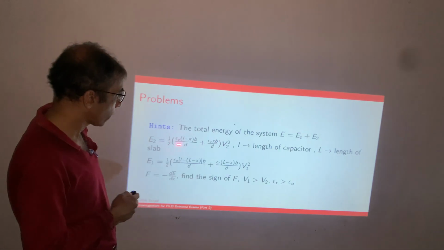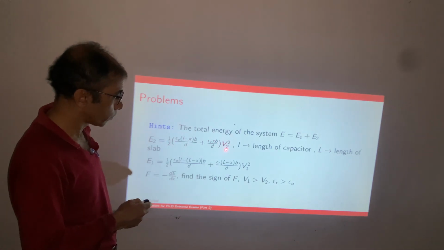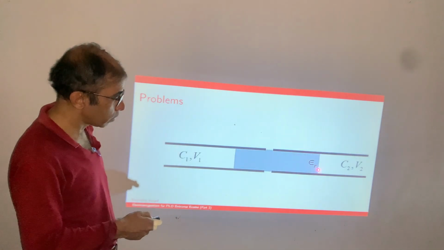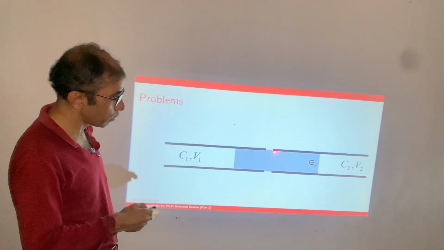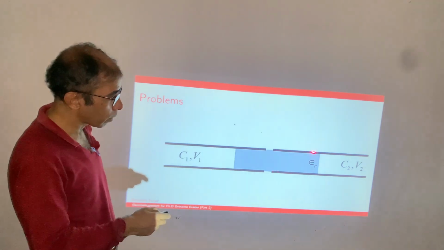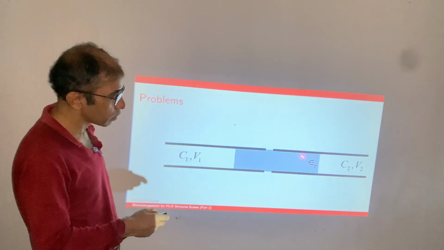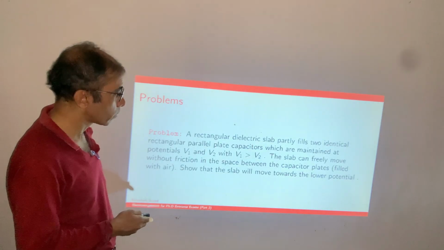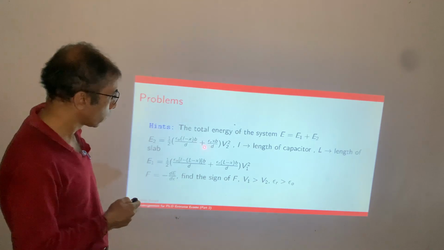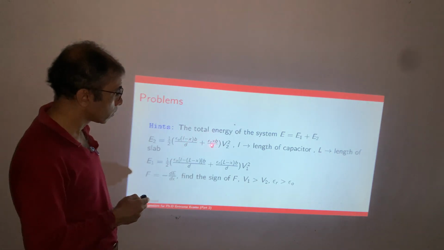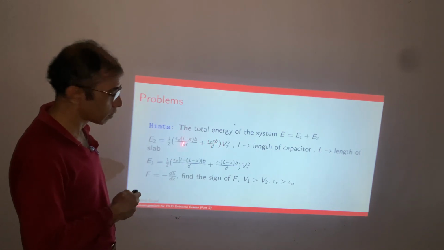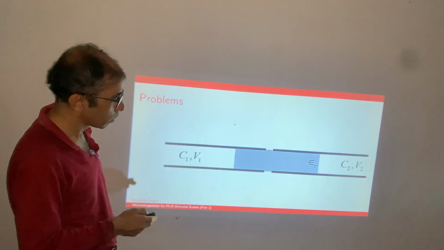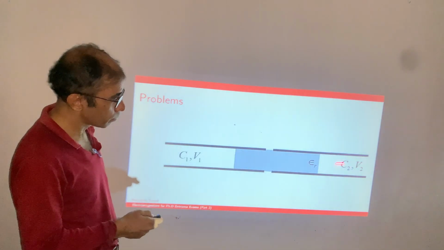So this is half C V2 squared for this capacitor, and we know that if two capacitors are arranged like this, then the equivalent capacitance is this plus this. What is the capacitance of the other part?